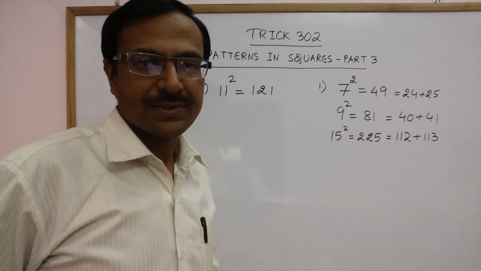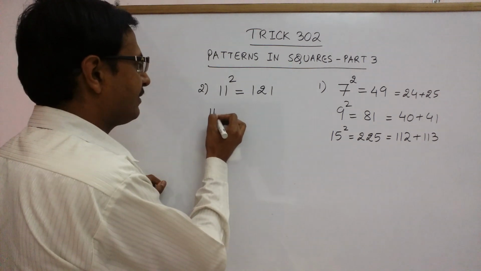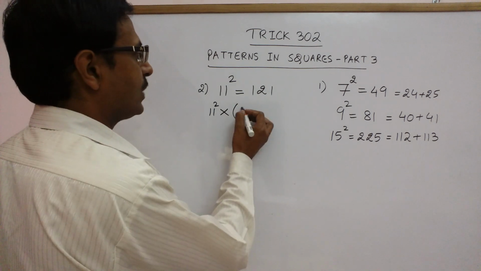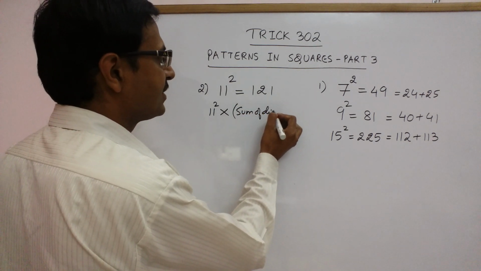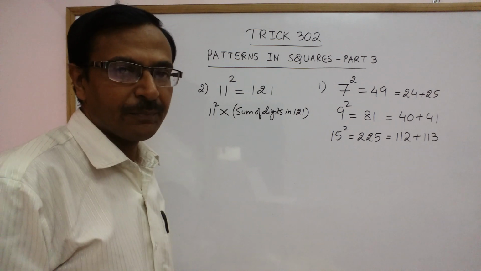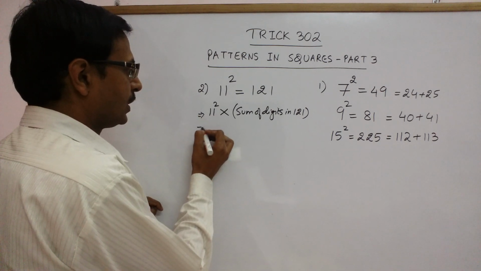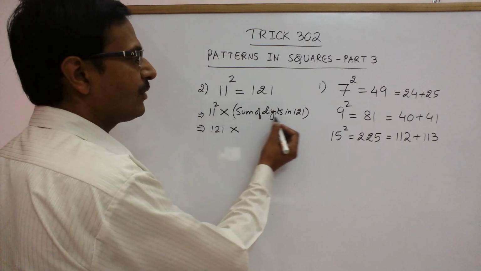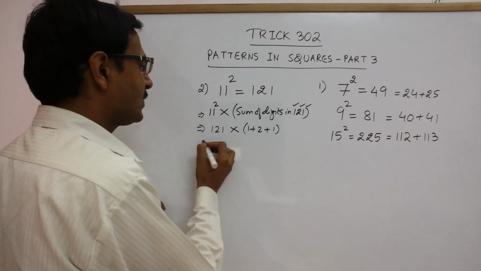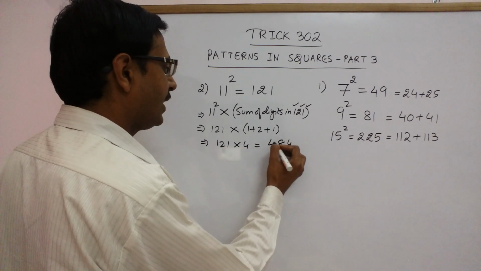Now what I am going to do is multiply this number, 11 squared, by the sum of digits in 11 squared, the sum of digits in 121. So you get 121 into the sum of digits in 121, so 1 plus 2 plus 1. Now this will come out to be 121 into 4, that is 484.